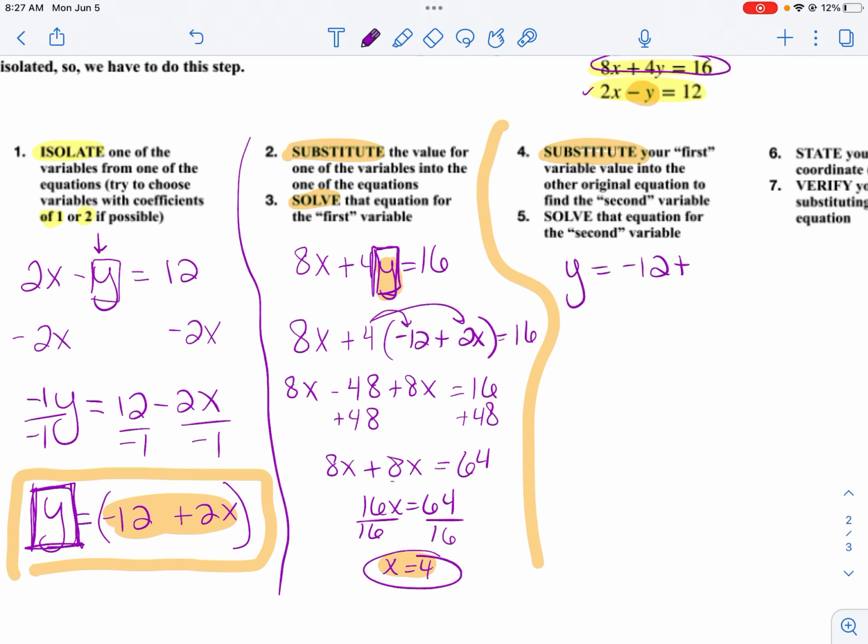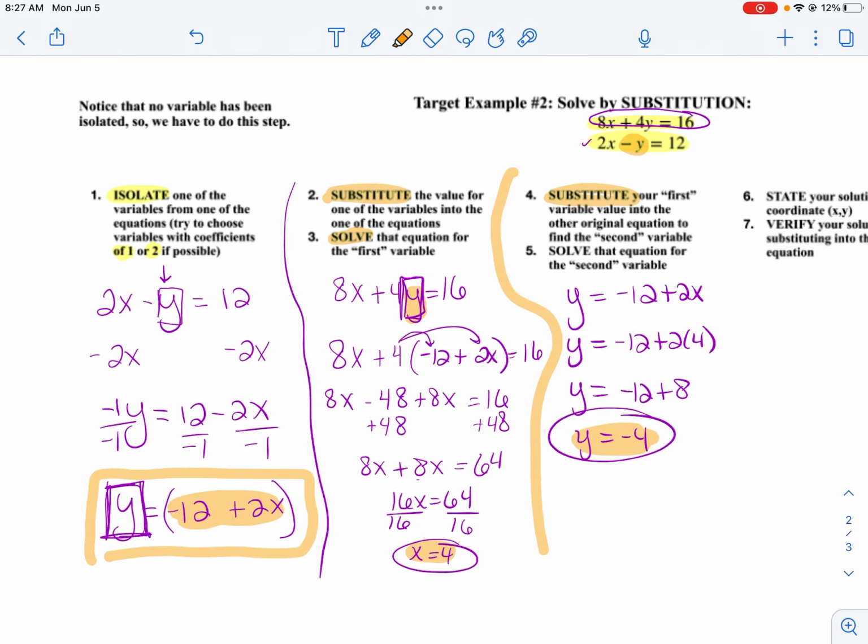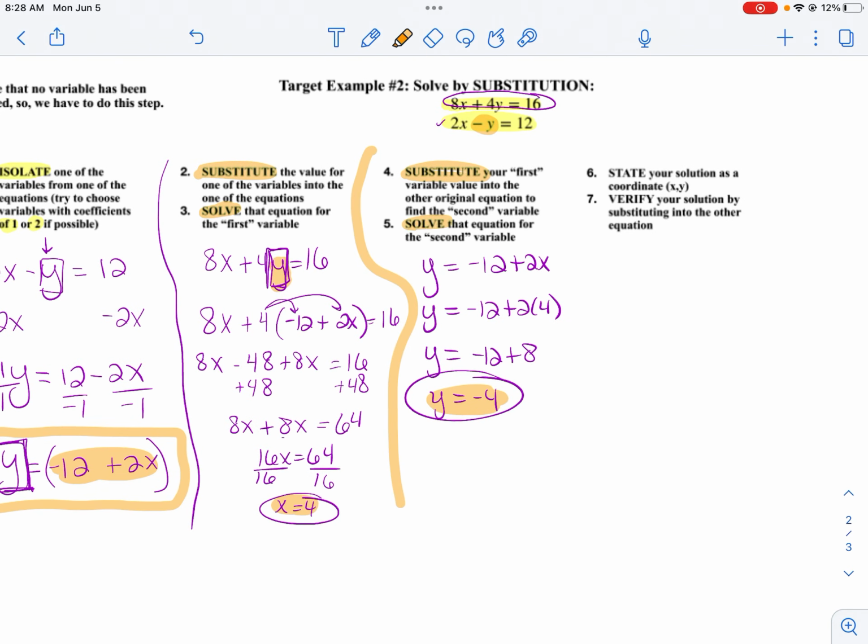So y equals -12 plus 2 times 4. Y equals -12 plus 8. Y is equal to -4. So that's the value of the second variable. Now we just have to state our solution as a coordinate. So this is the point 4, -4.